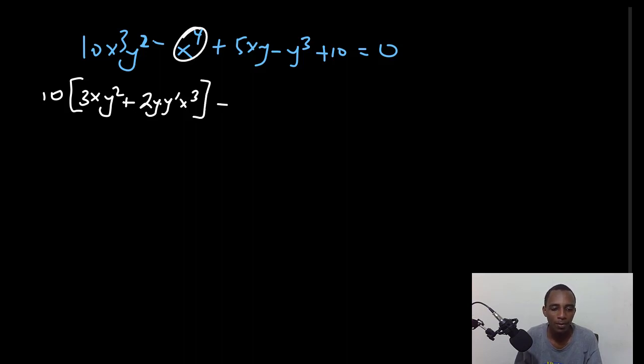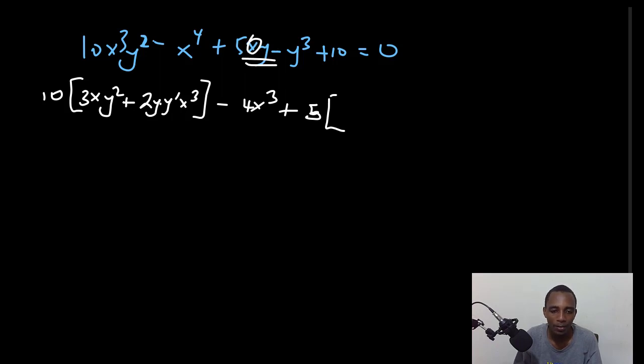I'm done with this. The derivative of x to power 4, obviously that's 4x cubed. Plus, I come to this, you see a product of two things here. So 5 is a constant, I'll just put that out. Then I use product rule here.